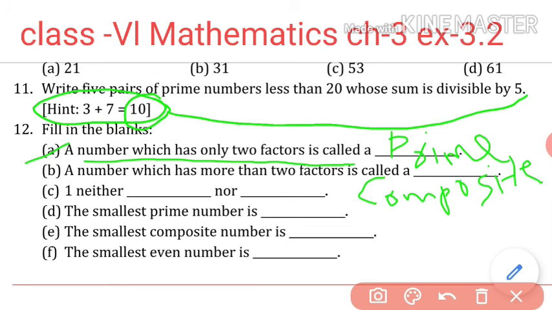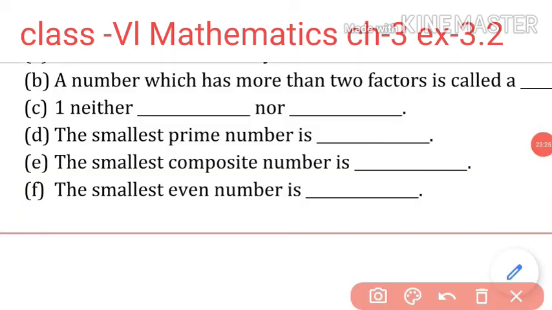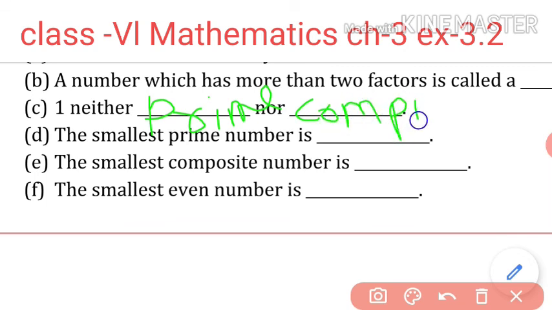Now next, 1 is neither prime nor composite, okay. So 1 is neither prime number nor composite number.